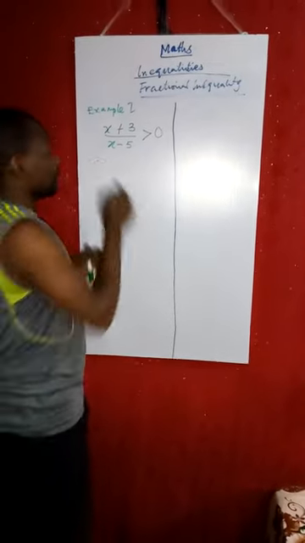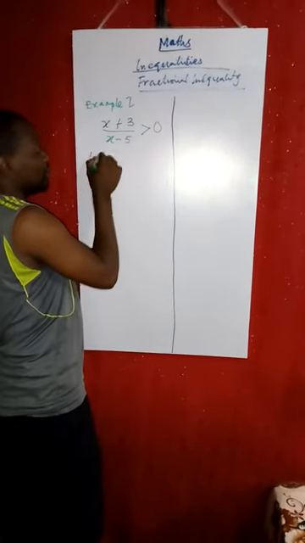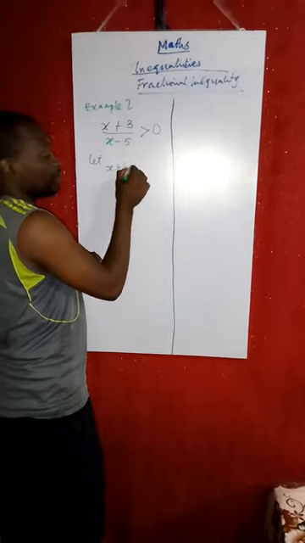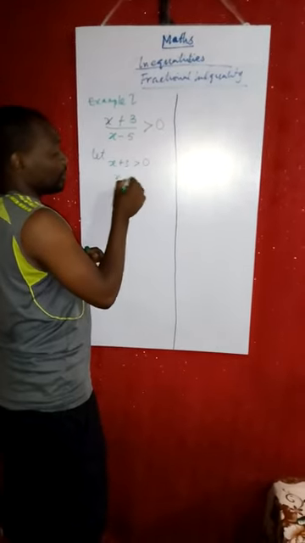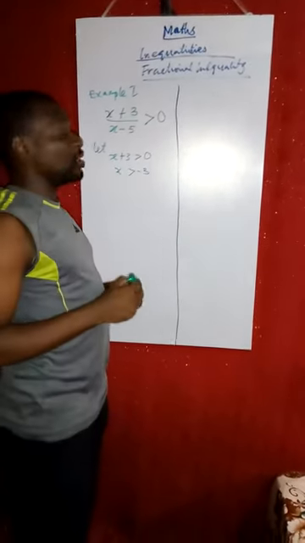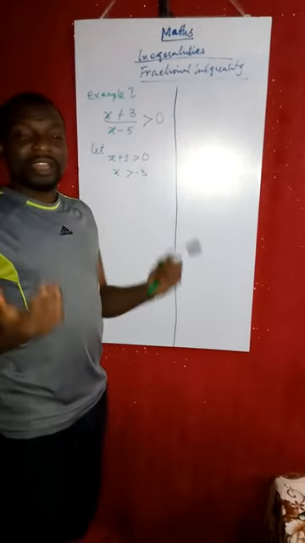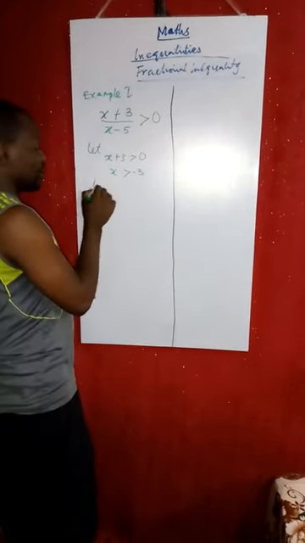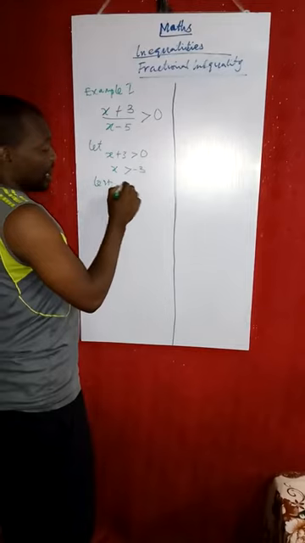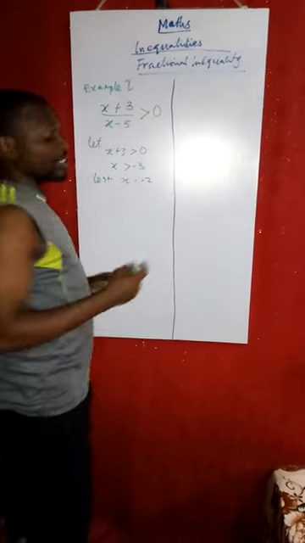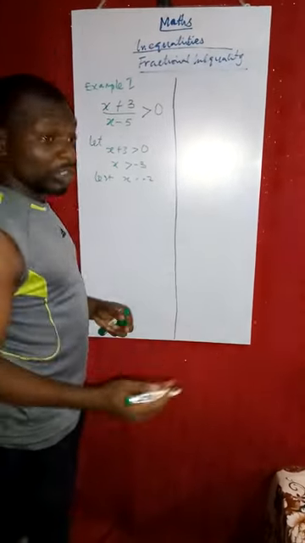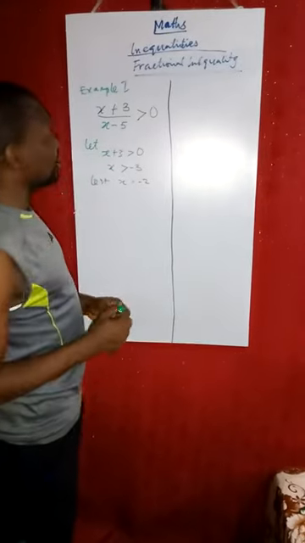So let's see. First, we say let x + 3 be greater than 0, so that x will be greater than -3. So if x is greater than -3, we test. Let's test x to be -2. Since x is greater than -3, we just pick the nearest number to test, that is -2.